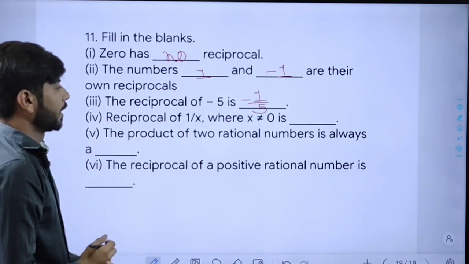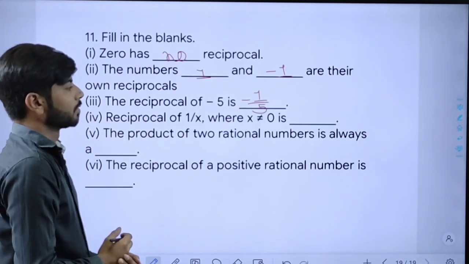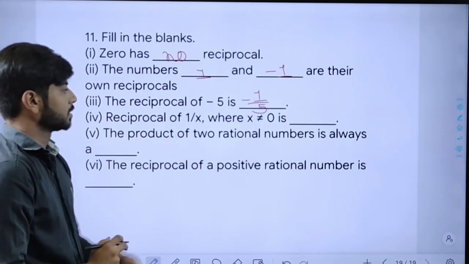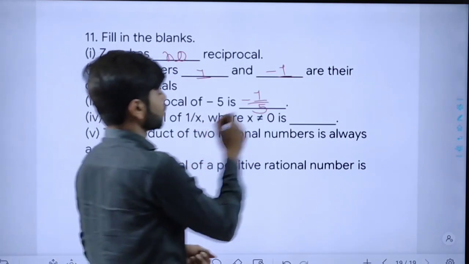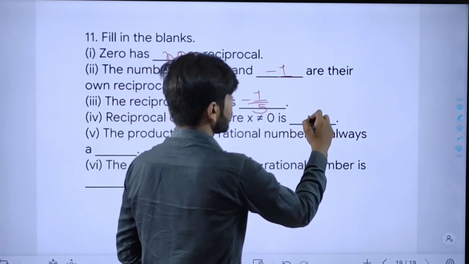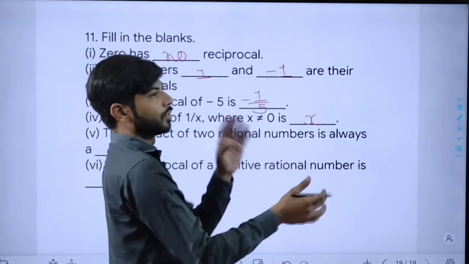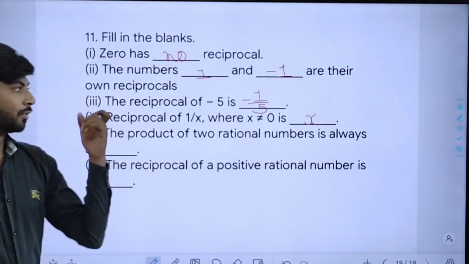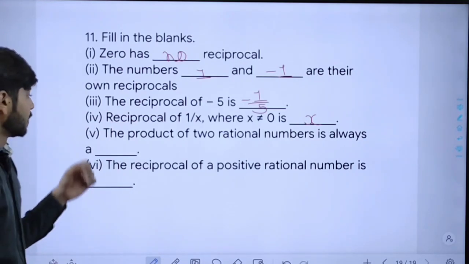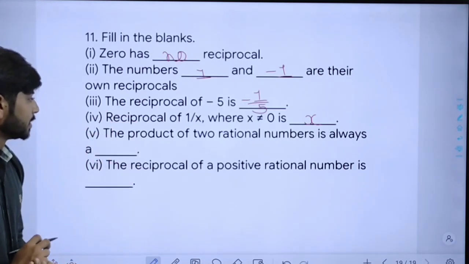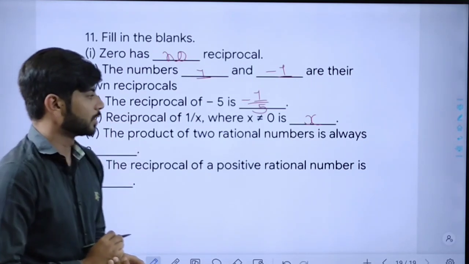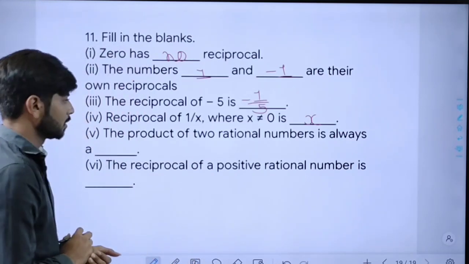The reciprocal of 1 upon x, where x is not equal to 0. Okay, x is not 0, so the reciprocal of 1 upon x will be x, because if we multiply x with 1 upon x, we get 1. Now fifth, the product of two rational numbers is always what?